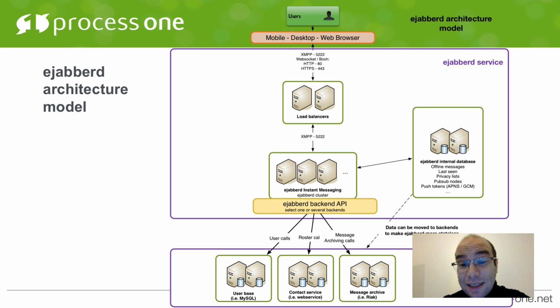So you really have to think: what is my XMPP service doing? Where do I want my data? How do I avoid data duplication, and so on? This is really very important, and needs to be done at the very beginning of your project, to make sure that you get your ejabberd architecture right.